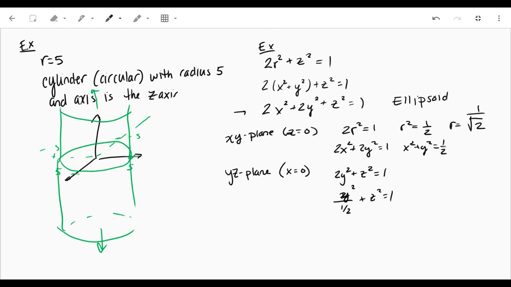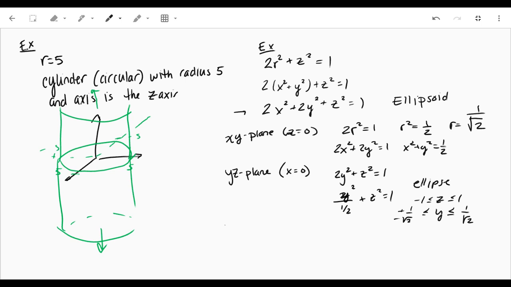Okay, so that's an ellipse. And it would go on the z-axis, it would go between -1 and 1. It's centered at the origin, right? And then the y-axis would be going between -1 over root 2 and 1 over root 2. Okay, your major and your minor axes there, right?